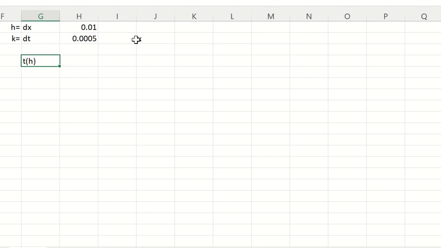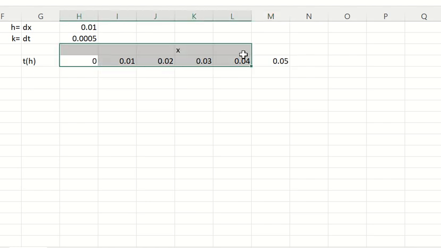Our t is here. Our x is 5 centimeter. So that means we have to say it starts from 0 and is increasing by 0.01. So the next x will be 0.01, followed by 0.02, 0.03, 0.04, 0.05. That's along the x direction.